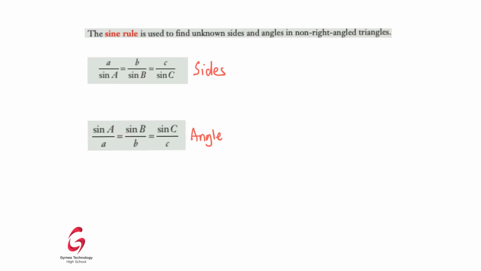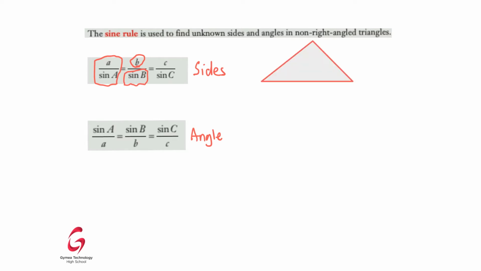If you are finding sides, you are going to have to know a side length and its corresponding angle, the one opposite it. And you're going to have to know another angle, and that will allow you to find that unknown side length that matches that angle.